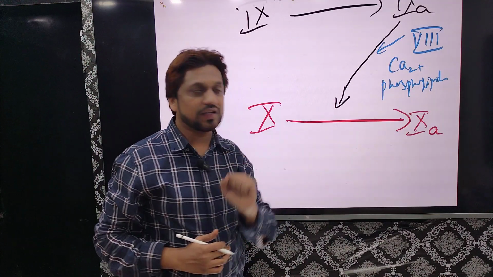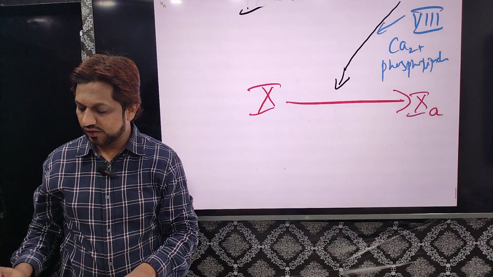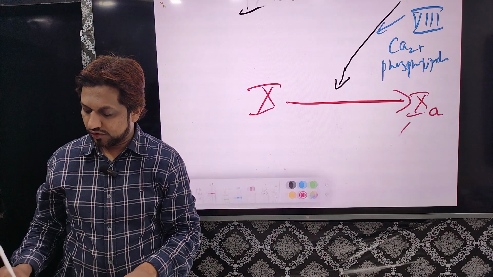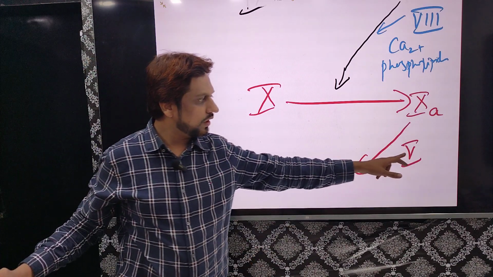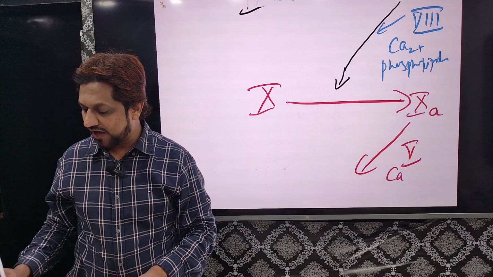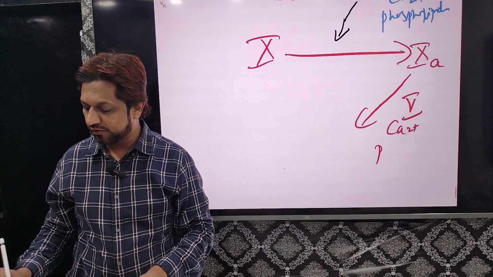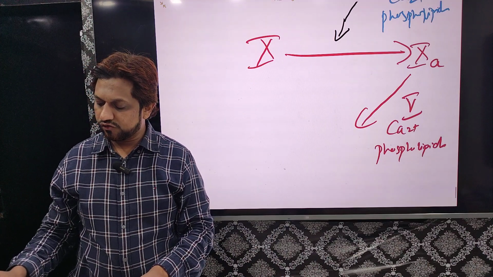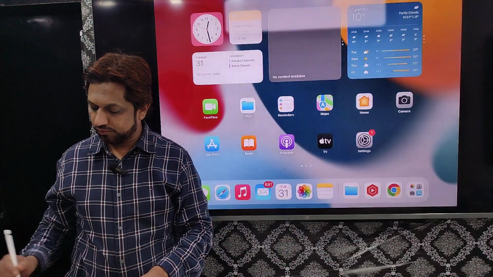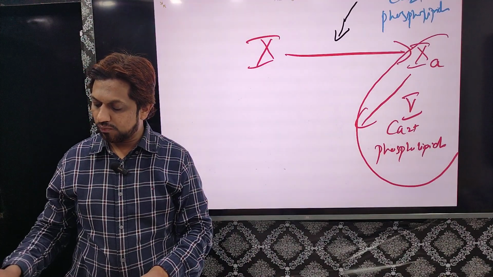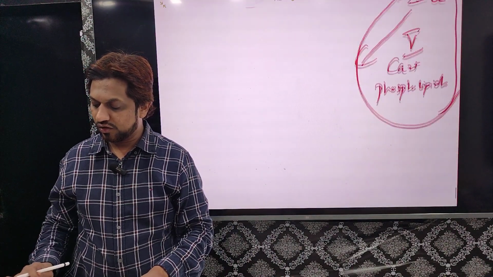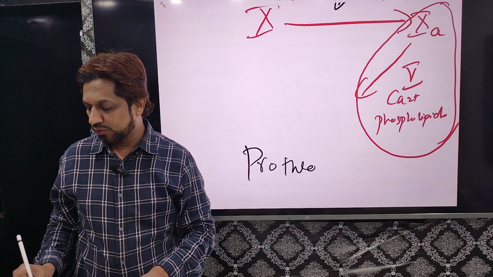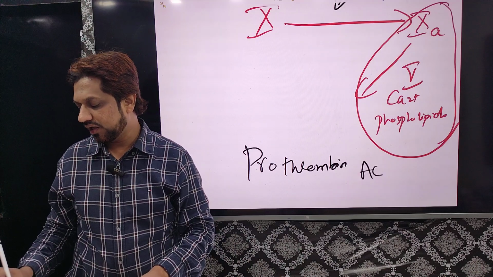Now finally this factor 10, along with factor 5, calcium and phospholipids, platelet phospholipids and the tissue phospholipids, forms a complex. And that complex is simply called prothrombin activator.